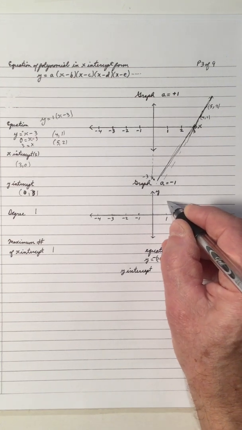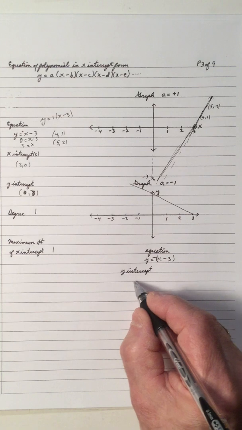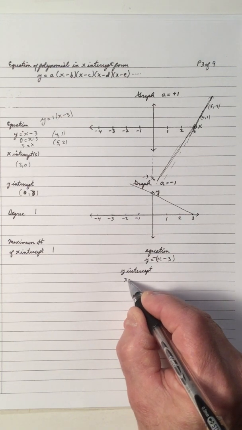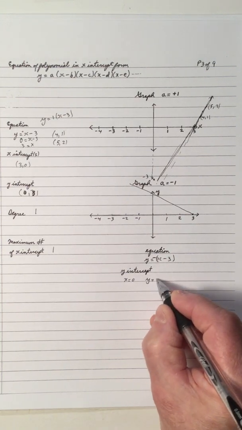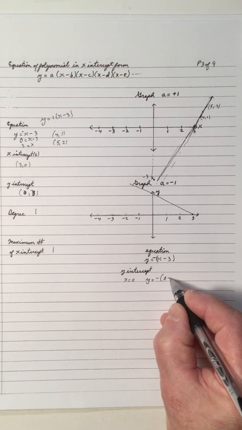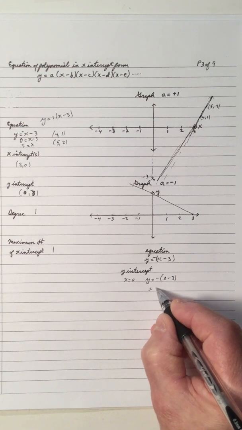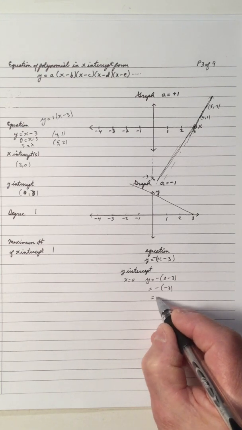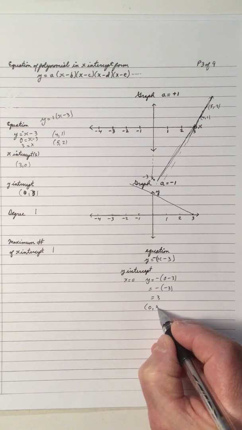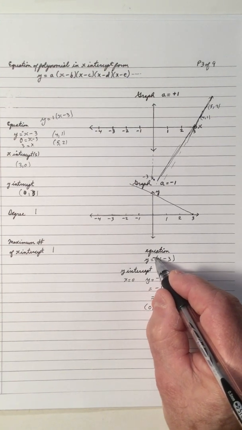So it's going like this. The y-intercept is when x is 0. So y equals negative of 0 minus 3. Negative of negative 3 is 3. So that's 0, 3. Notice this is a negative slope.